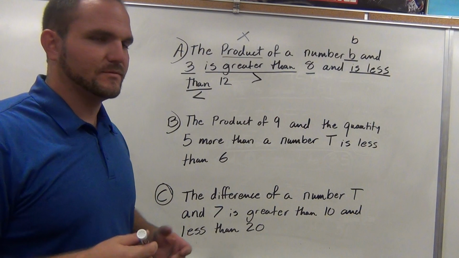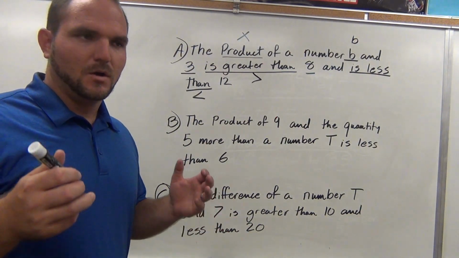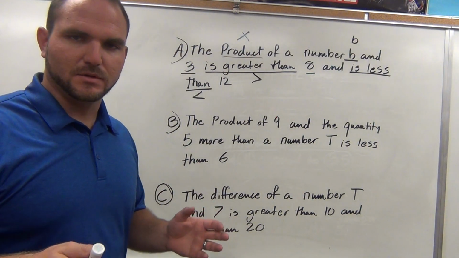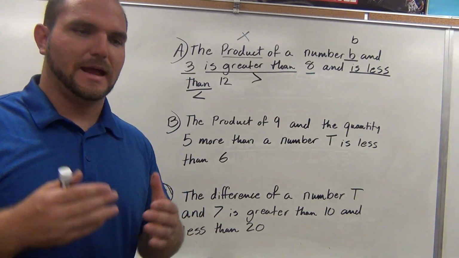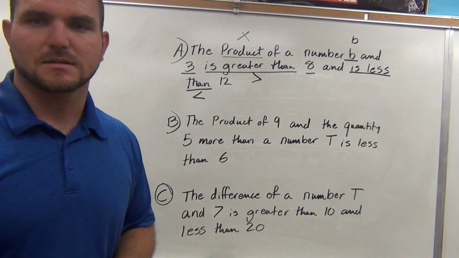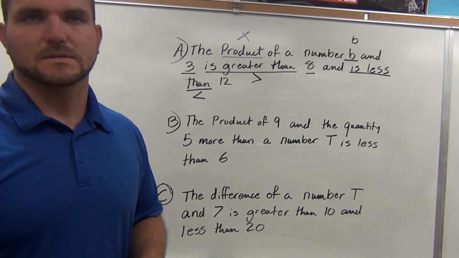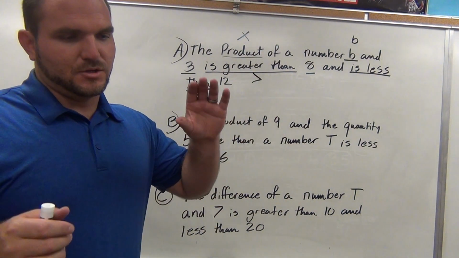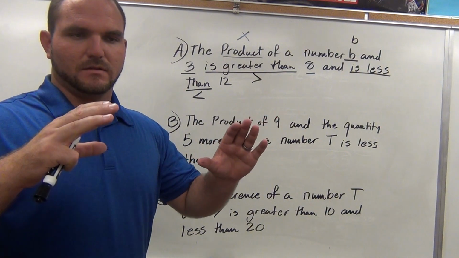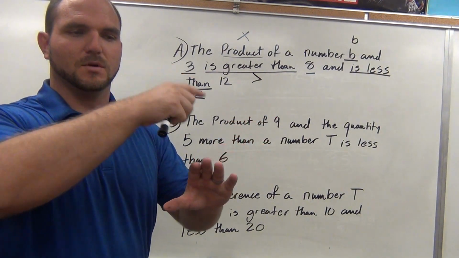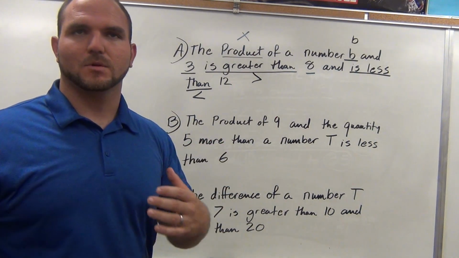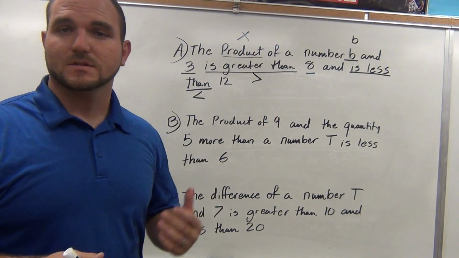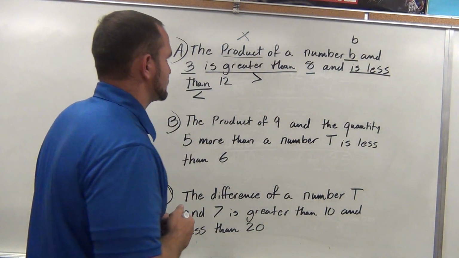Probably the way it'll look, and once again, I say probably, I don't like saying absolutely this is how it always is, because it usually isn't always that way. But usually if you have a less than and a greater than, there will be a number on the left side, a number in the middle, and a number on the right side. So let's walk through this and see what we have.